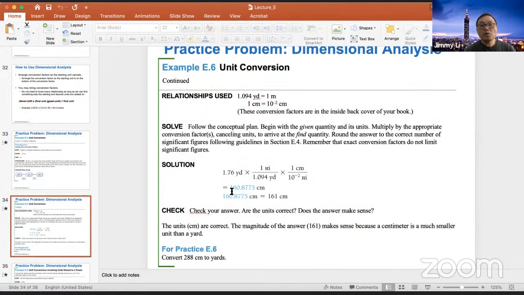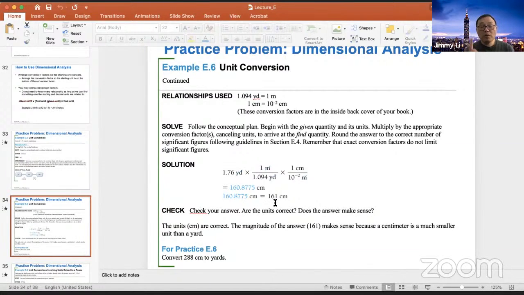Okay, so here comes the solution. Convert 1.76 yard to centimeter here. You can see that 1.76 yard contains 3 significant figures, so your final answer should have 3 as well.